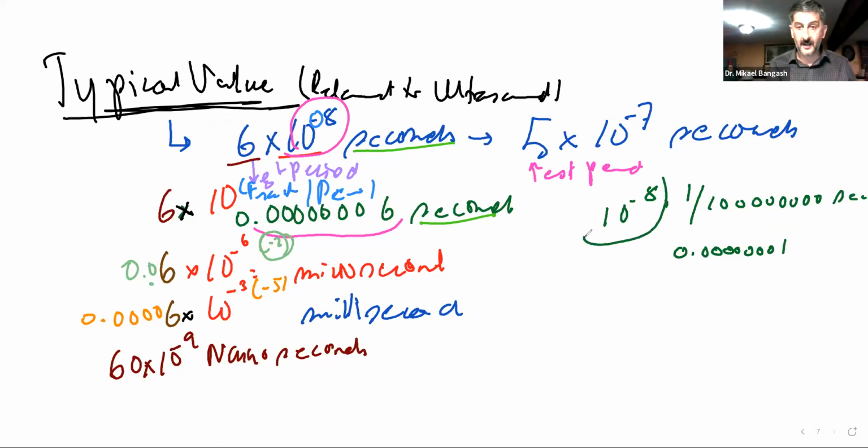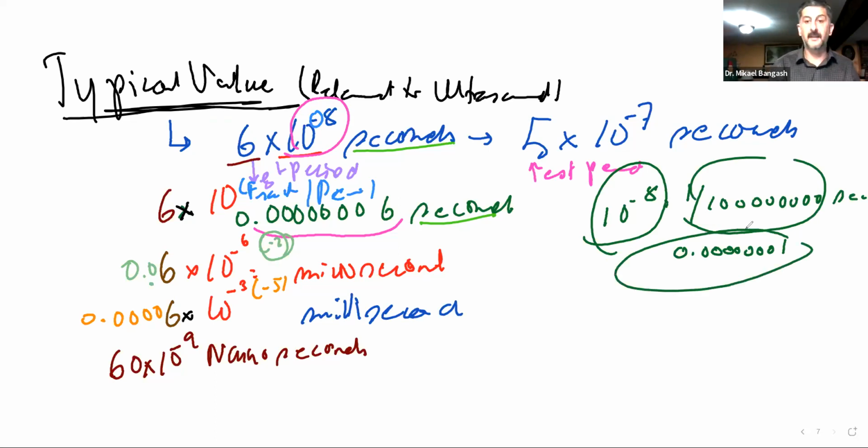This is expressed as an exponent, this is expressed as a fraction, and this is expressed as a decimal.